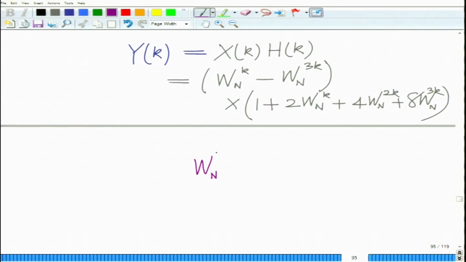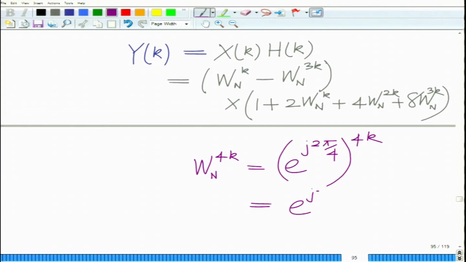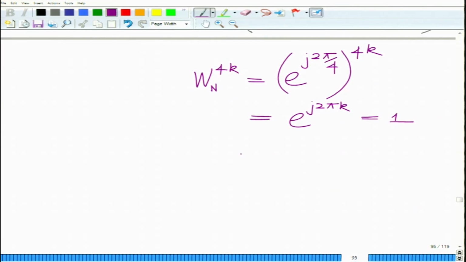W_N, here W_4. So, W_N to the power of 4k is in this case e raised to j 2 pi by 4 to the power 4k, which is equal to e raised to j 2 pi k, which is 1. So, in general W_N raised to the power of Nk equals 1.